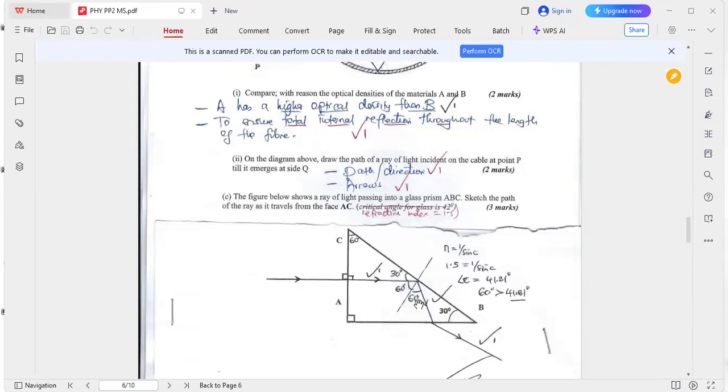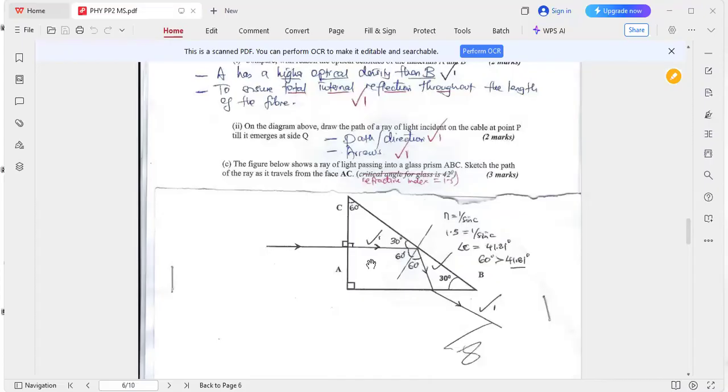Then C, the figure below shows a ray of light passing into a glass prism ABCD. Sketch the path of the ray as it travels from face AC. Now, any ray that you're supposed to draw, whether it's in refraction or reflection, you must use a ruler and your ray should have arrows.